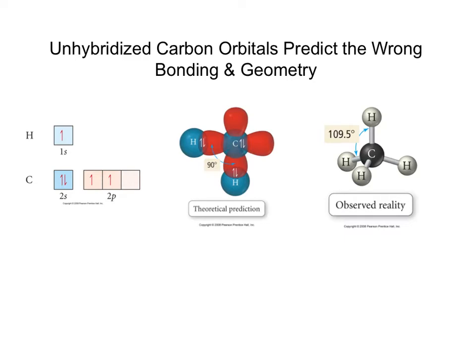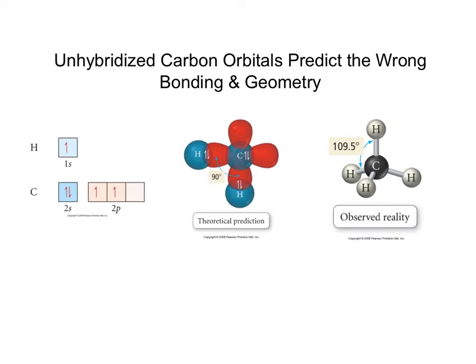And if you remember, carbon has 6 electrons and 6 protons, the electron configuration, 1s2, 2s2, 2p2.